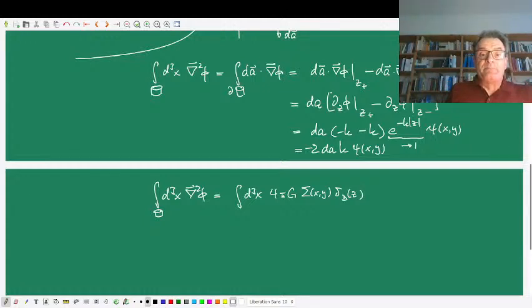Okay. Now if I reduce the volume to that little box I was looking at, the x and y integral will just turn into dA, and the z integral will integrate over this delta function, return 1. So we will get dA times 4 pi g times sigma of x and y.